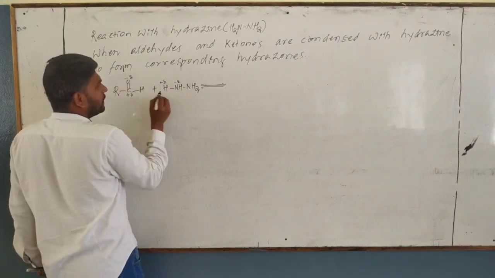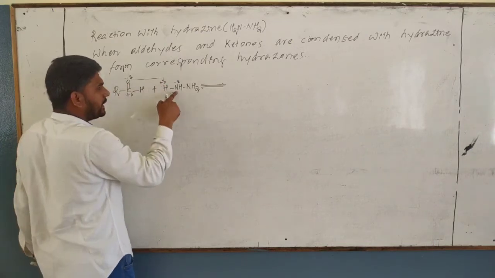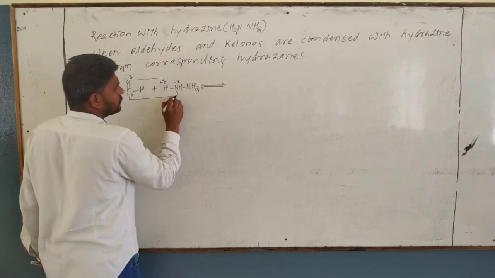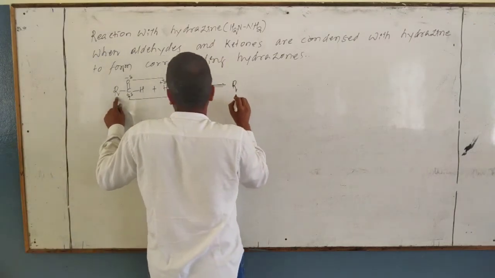Now see over here, this positive attracts what? Negative, and the negative attracts what? Positive. It's very simple. Just follow this method while writing the product.